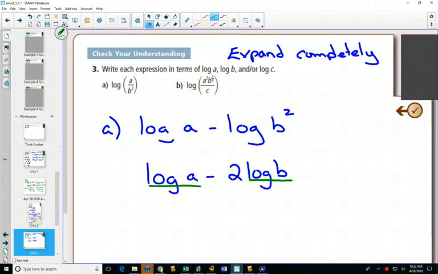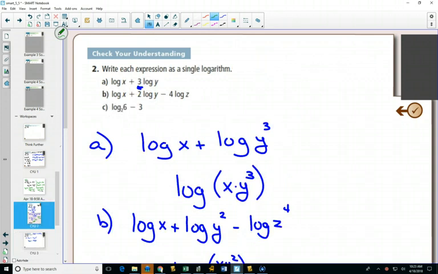So when we're expanding, we do our product and quotient laws first, and then power law second. When we combined, like when we combined in our last example here, we did our power law first, and then our product and quotient laws.